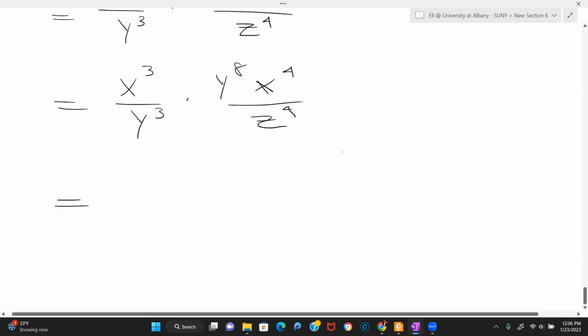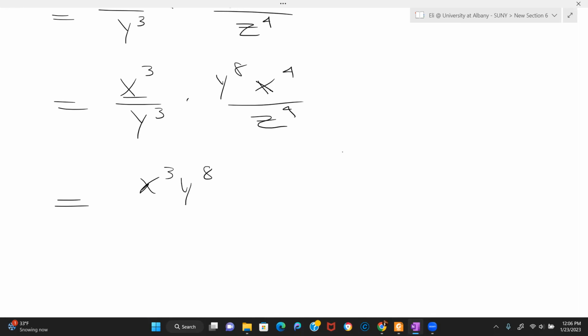Now I'm pretty much done. I just have 2 fractions and I need to multiply them. So how do you do that? Well, when you multiply 2 fractions, you multiply the numerator by the numerator and the denominator by the denominator. Let me just write it as one fraction first. x cubed times y to the eighth times x to the fourth over y cubed times z to the fourth.